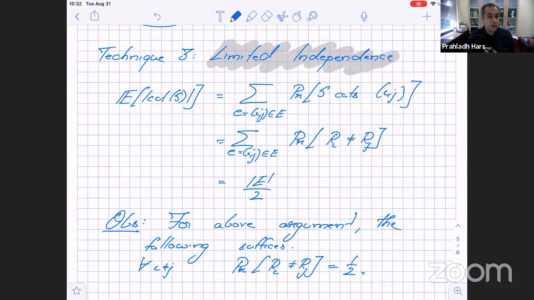Notice that if you pick n independent coins, certainly you have this property. But what I'm claiming is that you don't need that huge independence property. You could do it with much less independence. I could choose the cut in such a way that for every pair of coins, their probability of not being equal is half.